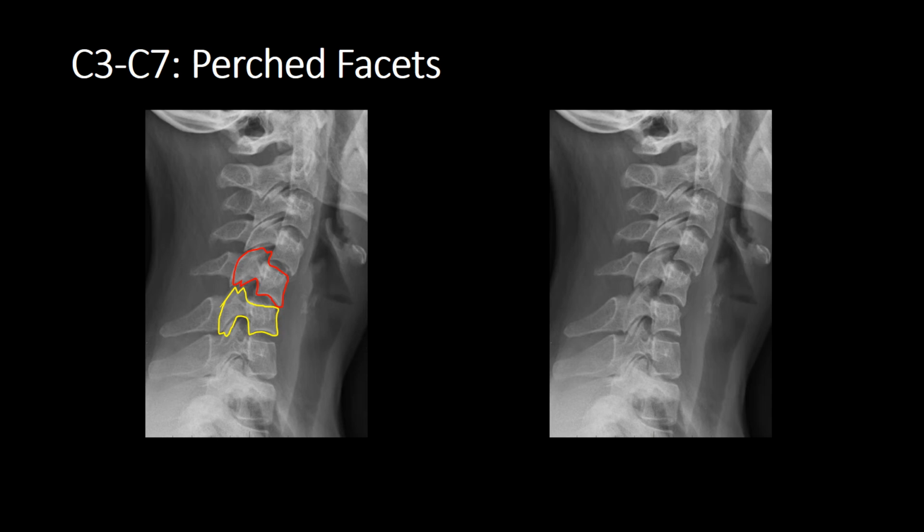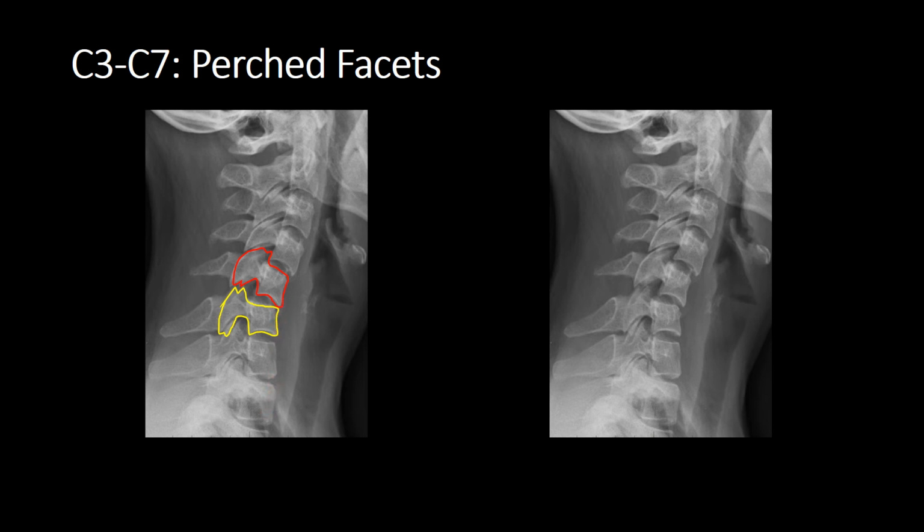So this is actually normal. Come down to C5, C6, we can see that C5 has moved anterior in relation to C6, very slight, but there is a slight spondylolisthesis of C5 onto C6, so this is abnormal. Keep coming down, the rest is normal.